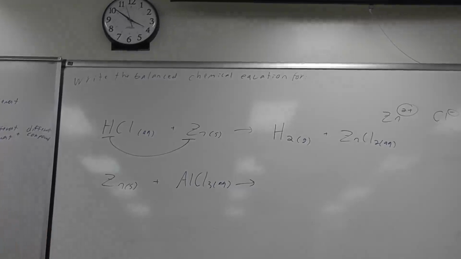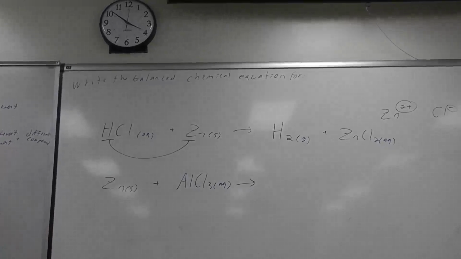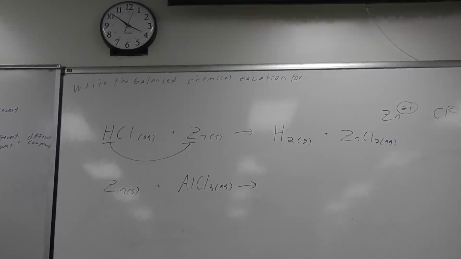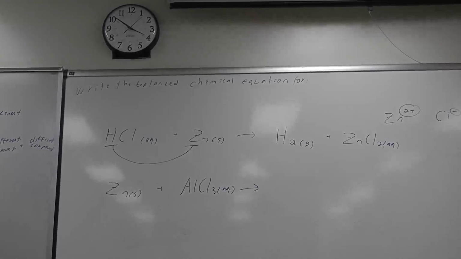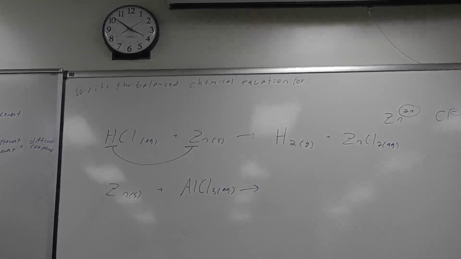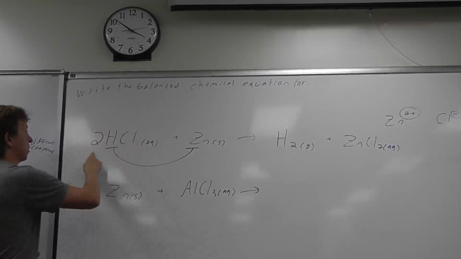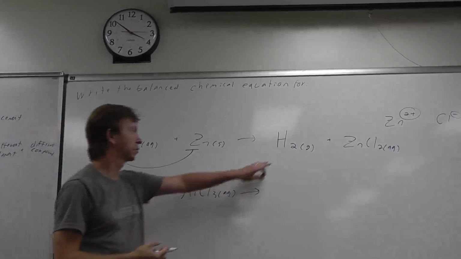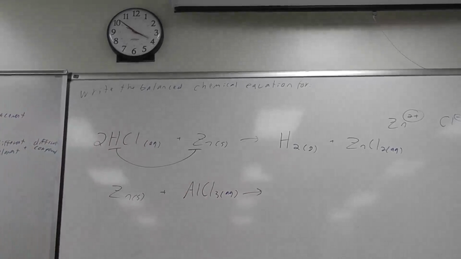Each zinc is going to have 2 chlorides with it. And you know that based on the charges of those 2 particles. And so once you've got that ZnCl2 formula built, that's when you start thinking about balancing. That's how you know that you need 2 chlorines, so you put a 2 here. That also gives you 2 hydrogens, which is what you needed anyway, and winds up being balanced.